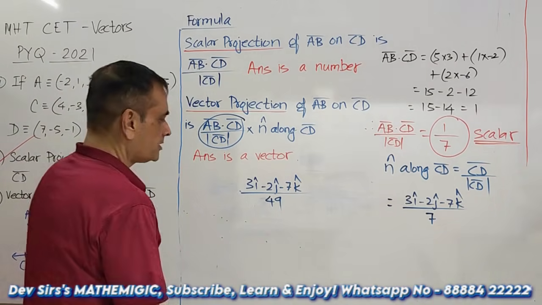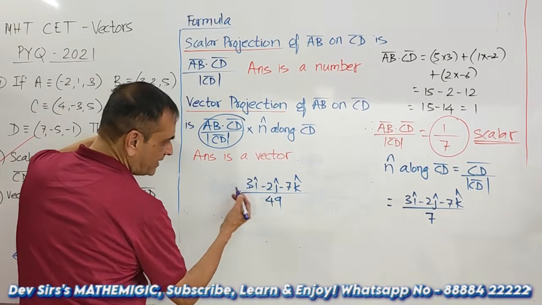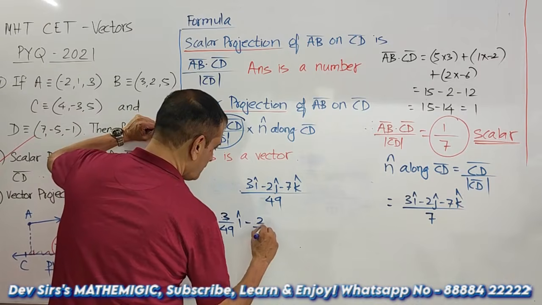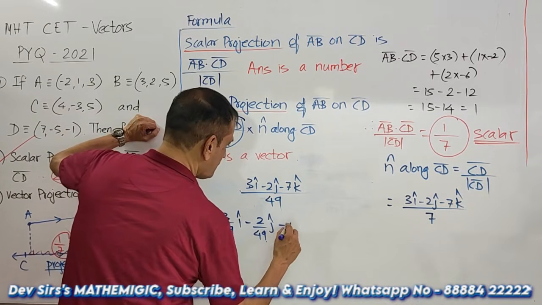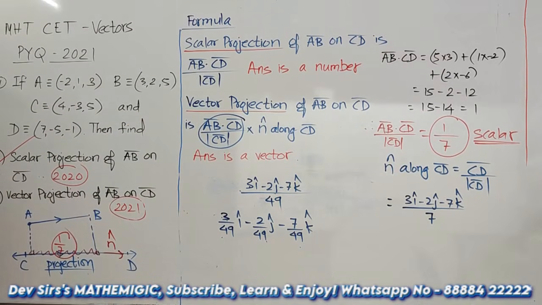So the final answer is in the form of the options that were given. The answer was given in this form: 3 upon 49 i. Is it minus 7k and minus 6? Please check. 6/49, yes, it is 6.